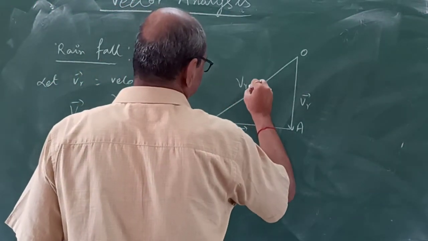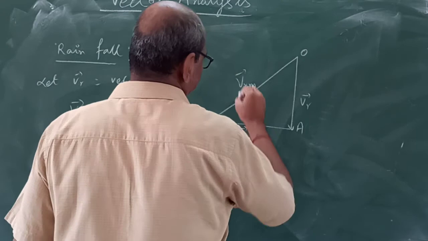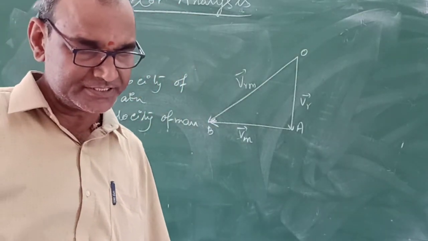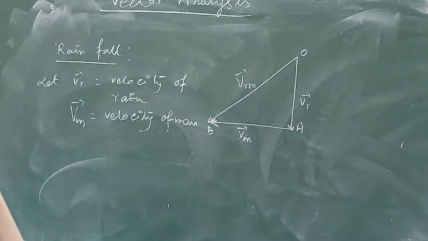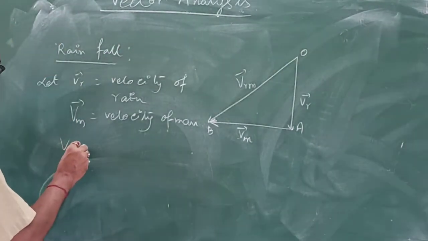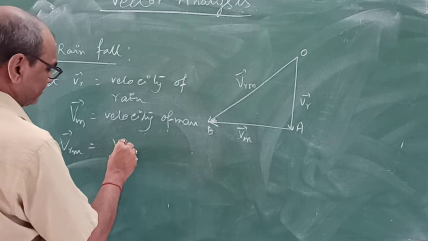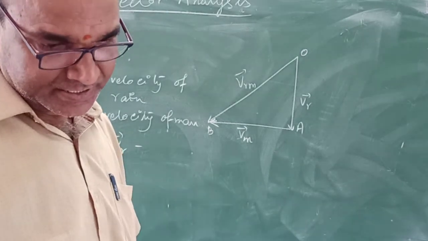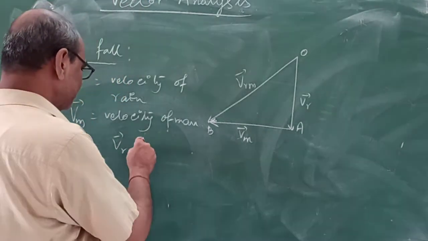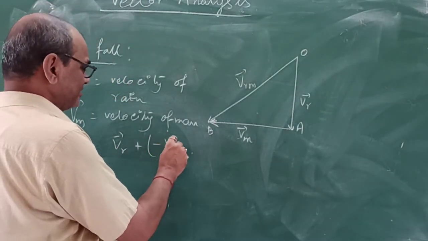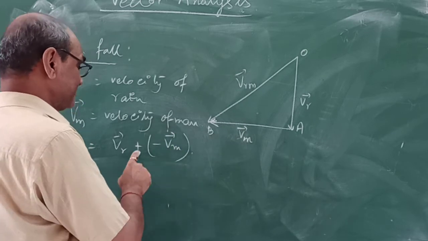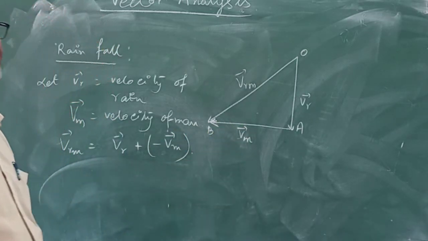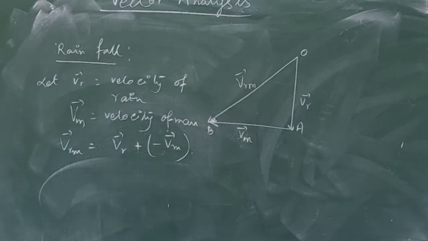Triangle law of vector: the velocity of rain with respect to man can be obtained as VR plus negative of Vm. Superimpose minus Vm in such a way that the velocity of man becomes 0.